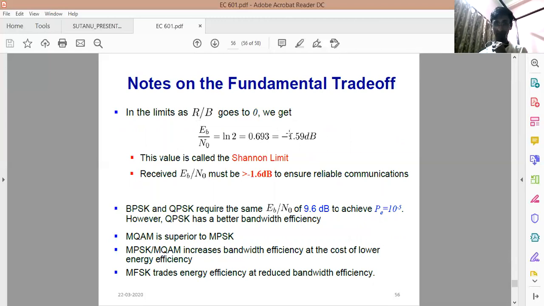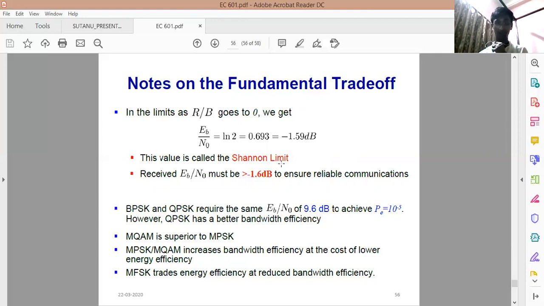Obviously 3 dB or 2 dB calculation, same thing. The fundamental trade-off is shown in terms of minus 1.59 dB. Eb/N0 is the ratio, and this value is called the Shannon limit, the most reliable communication limit for information theory purposes.